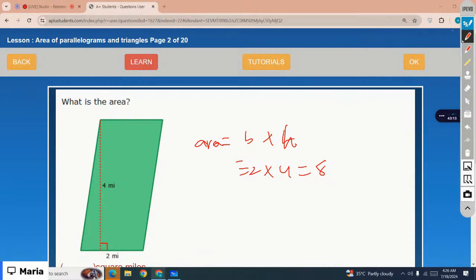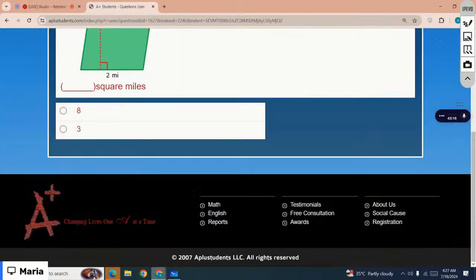So the correct option is 8 square miles. Option number one is the correct option, right?